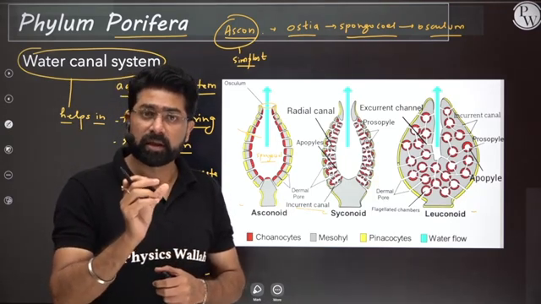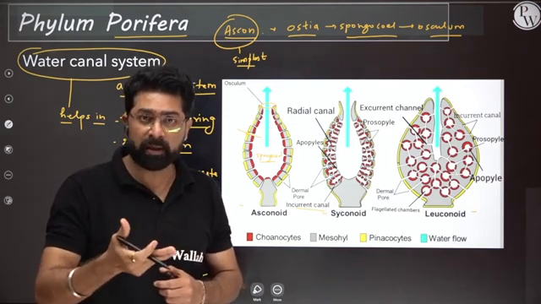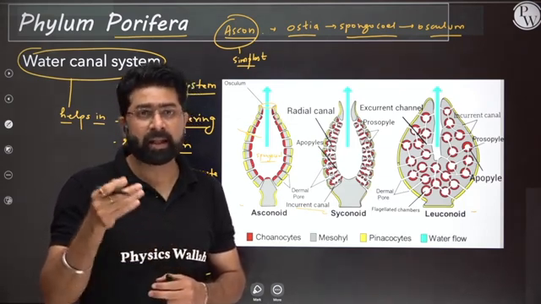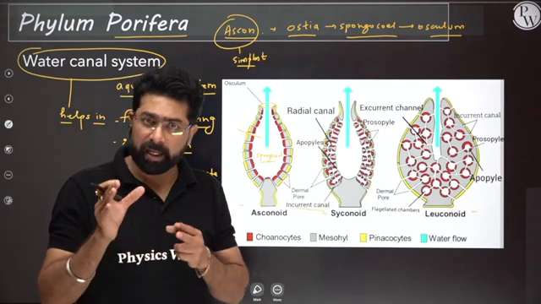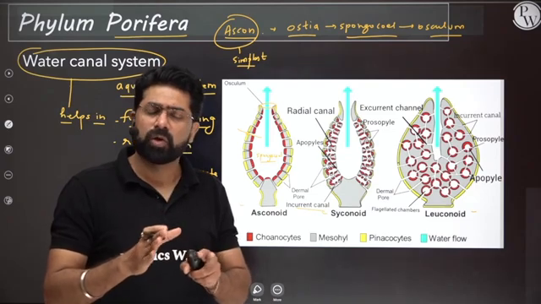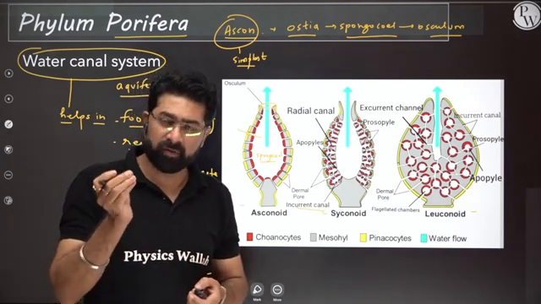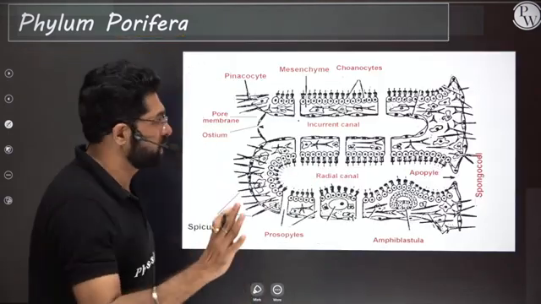So it is dermal ostia, then incurrent canal, then prosopyle, then radial canal, and then apopyle, spongocoel, and ultimately outside through the osculum.